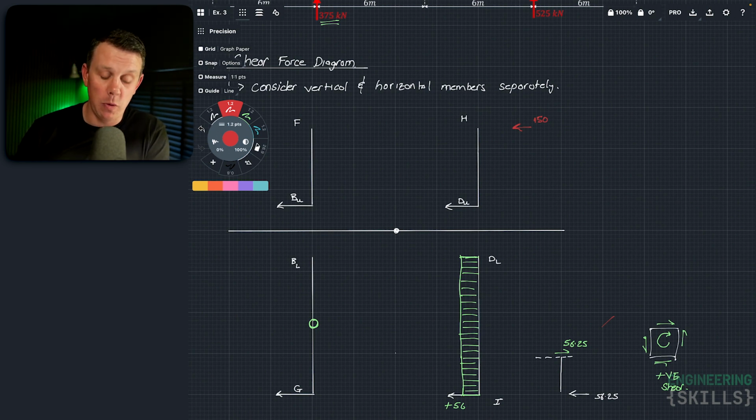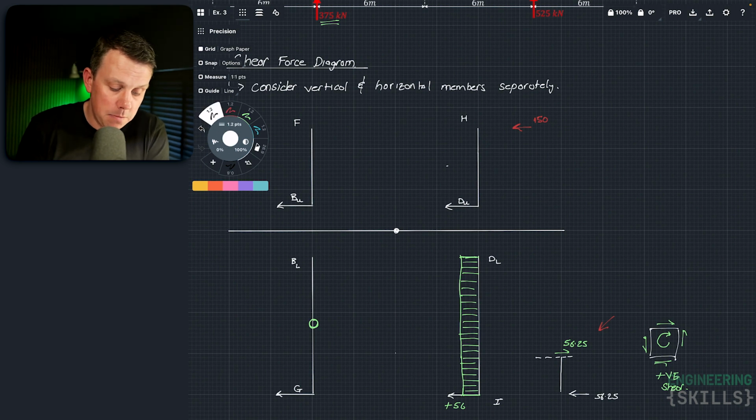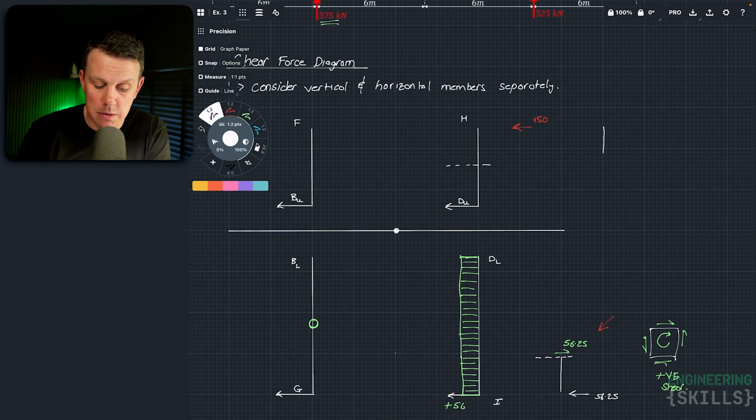But you can always just make a cut in the structure, like I've demonstrated down here, to determine what the internal shear will be. So we can do that in this case too. So we run into a bit of a roadblock, because we don't have any force that we can start drawing down at D upper. So all I'm going to do is make a cut in the structure, a little cut. I'll draw it over here to the right just to keep it a little bit neat.